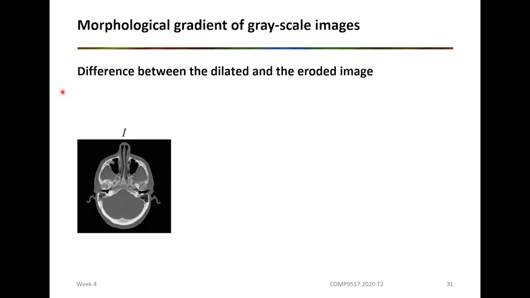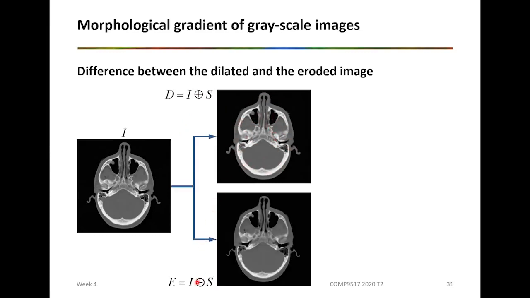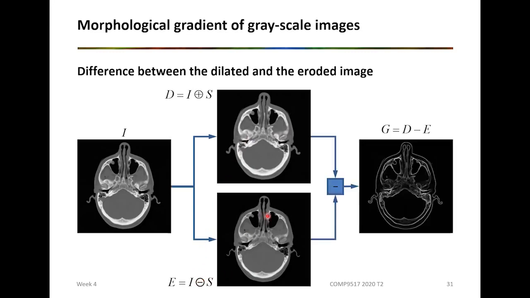If this would be my input image, which I've shown before a couple of times in other slides, you can take the dilation, the grayscale dilation, and maybe you don't really see the difference, but it's slightly different. The intensities are slightly higher here. You could also look at the erosion, and if you would subtract the two, then you would get what is called the gradient image, the morphological gradient.